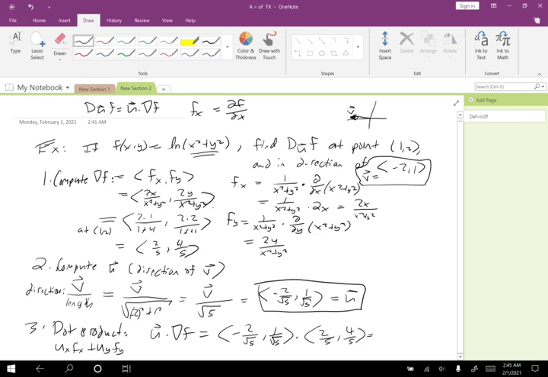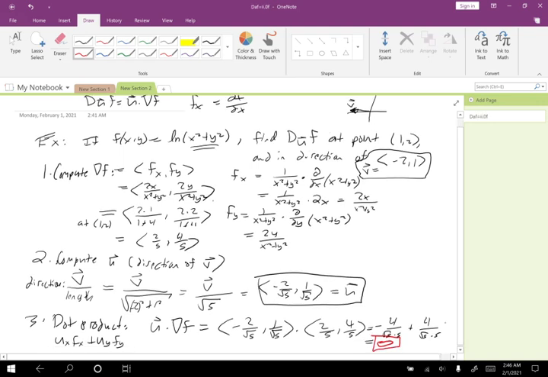Then we do it component by component. This is minus 4 over square root of 5 times 5 plus 4 over square root of 5 times 5. This is, of course, just 0, which is as nice as you can hope for.